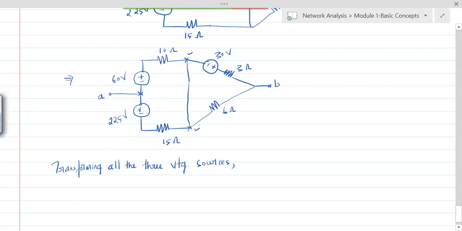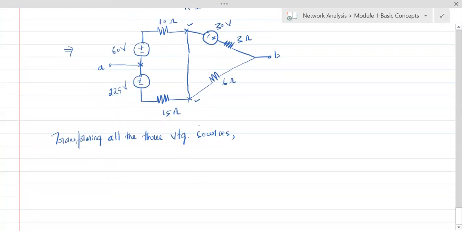Understand that? Okay. So how does it look like after transforming? Everybody just observe this, because this part is a little confusing if you're not observant. See here. So this 60 volts should become a current source.